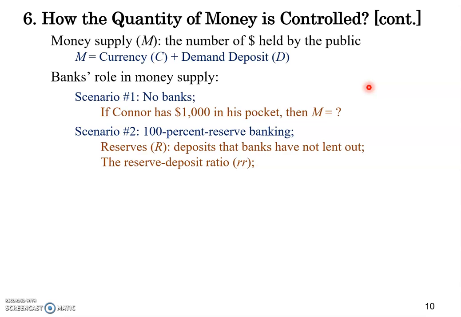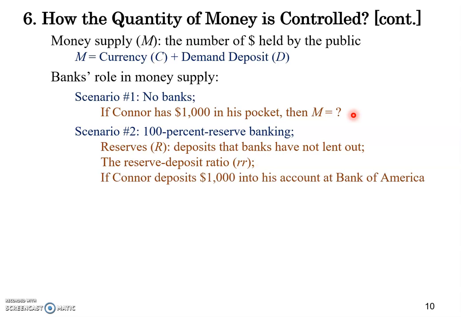So the ratio would be 0.2 or 20%. If RR equals 50%, that means for every $2 deposit the bank receives, it would lend out just $1 and keep the other dollar in its office.